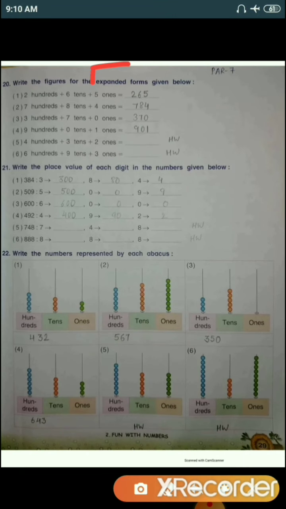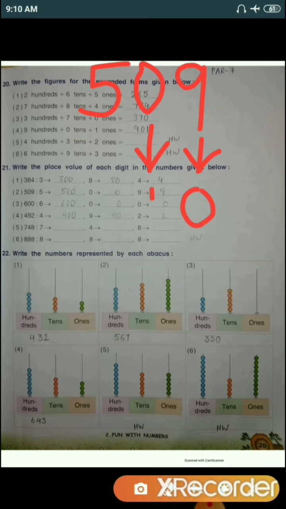Number 2, 509. So we'll first indicate in place value form. 9 is on ones place, 0 is on tens place, and 5 is on hundreds place.